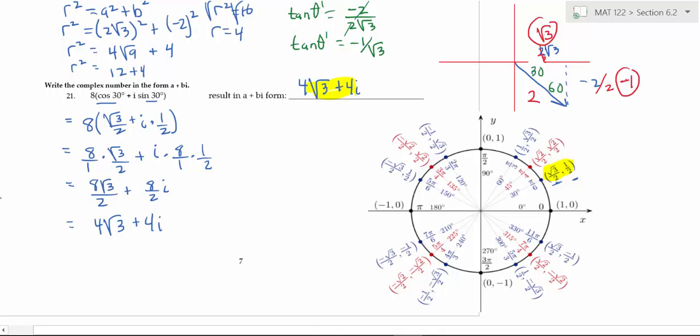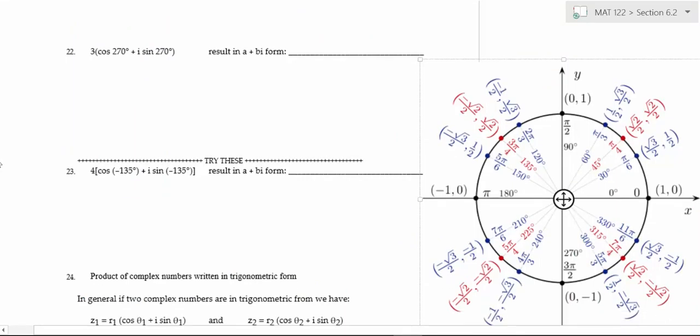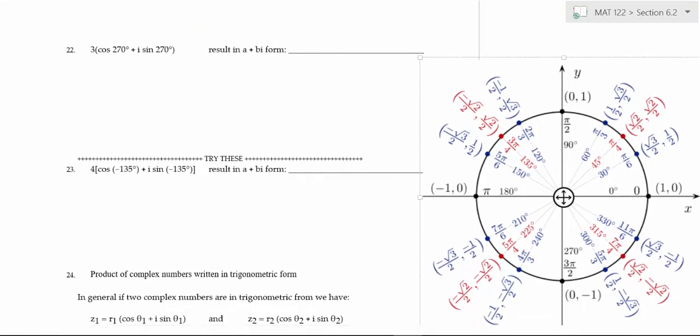All right, the next thing that I want to go through and look at is a few more examples that illustrate this idea. So we're going to do the same thing with this. We need to figure out the cosine and sine of 270. So at 270, you're looking at this point. So that's going to be cosine of 270 is the x value, so that's 0. Sine of 270 is the y value, so that is -1.